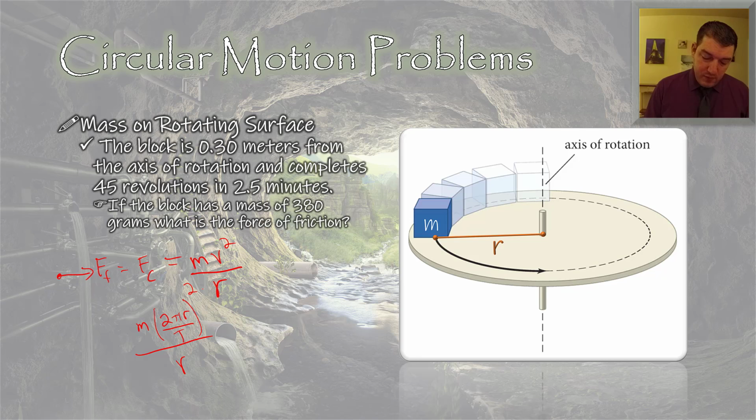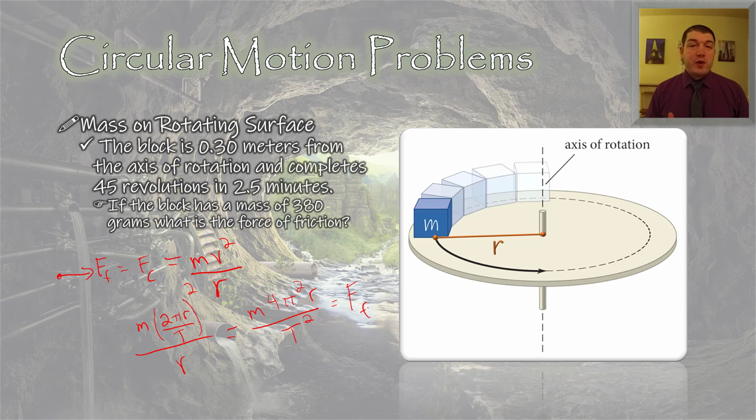Again, we can factor out that r, and we end up getting m times 4 pi squared times r squared divided by r times r divided by t squared.